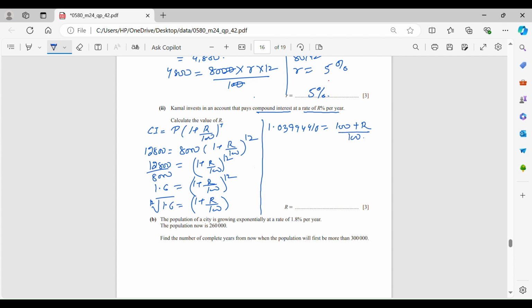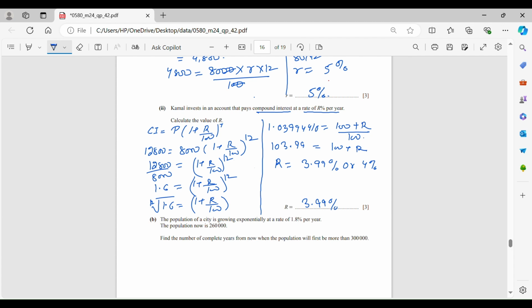This will be 103.99 to 3 significant figures, which is equal to 100 plus r. Now r will be equal to 3.99% or 4%, right? So I will go for 3.99%.